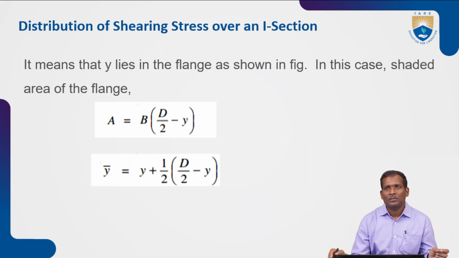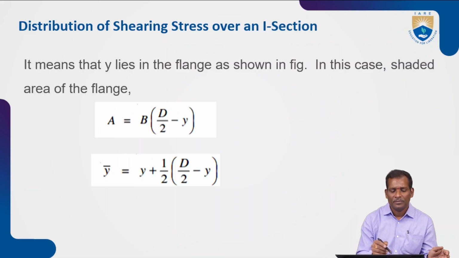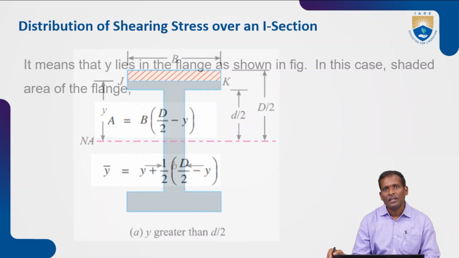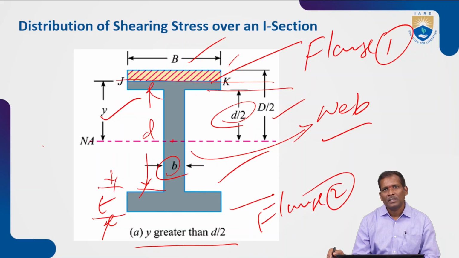Now in this case, for the shaded area of the flange, take the area A equal to capital B multiplied with d by 2 minus y.